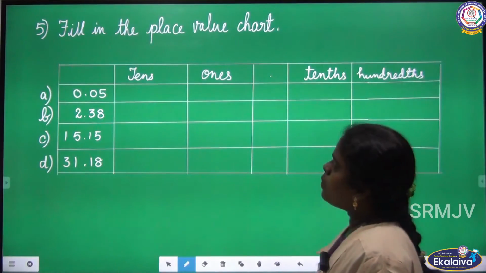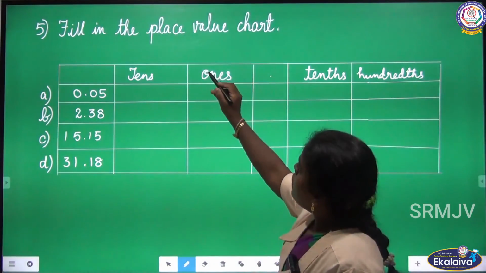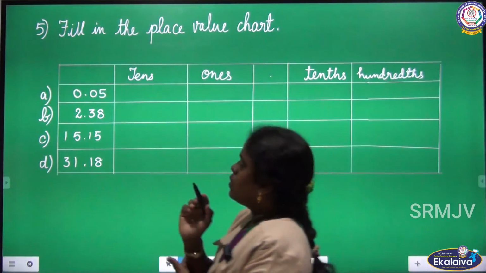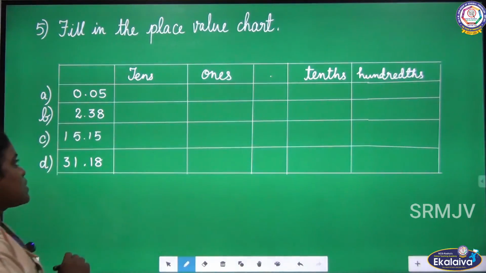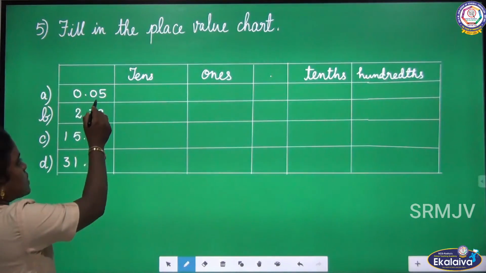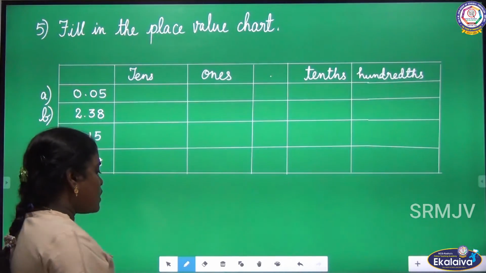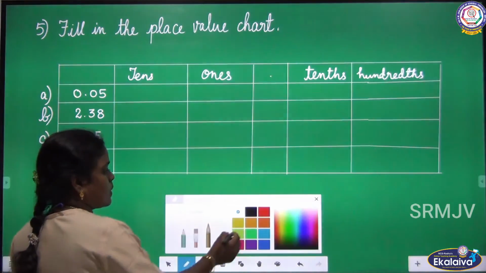So as you read, you have to write the number name. Look at the next Roman. We are going to fill the given box with the place value for the given numbers. Here look at the first number, children, 0.05. First let us write the place values.